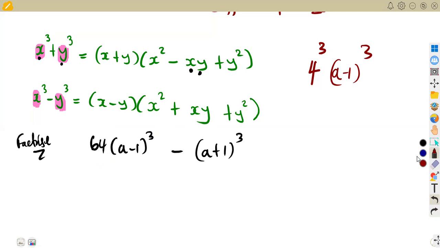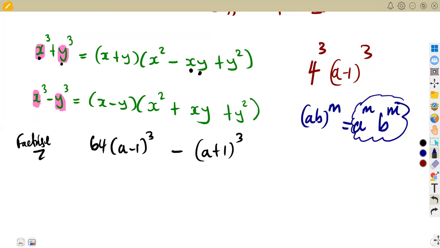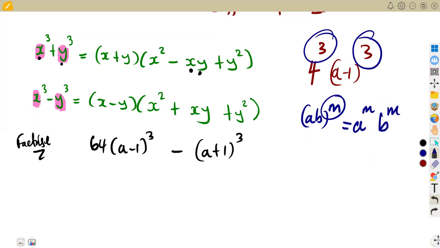But guys, remember that I said from our exponents, if you are given a times b to the exponent of m, having the same exponent, it is same as a to the exponent of m, b to the exponent of m. So if these can be separated before they were written like this, it means we can also rewrite this as a single term being raised to a single exponent, which is the exponent of 3, the same exponent.